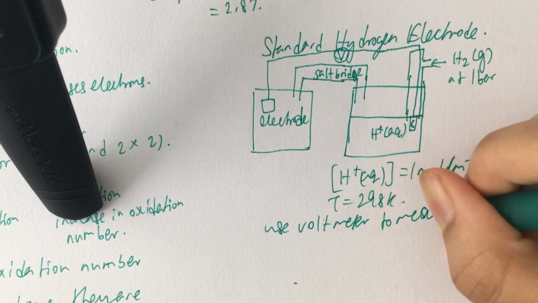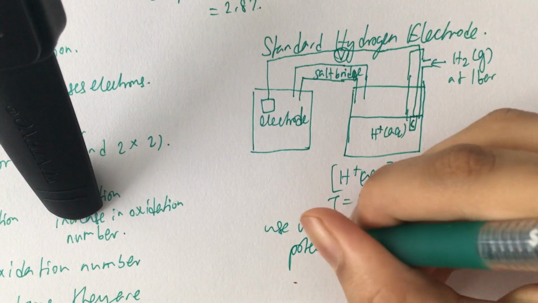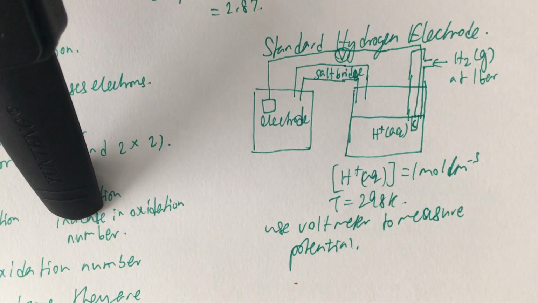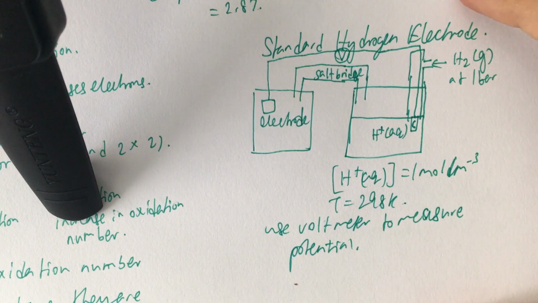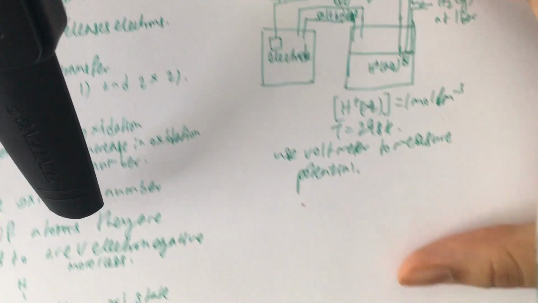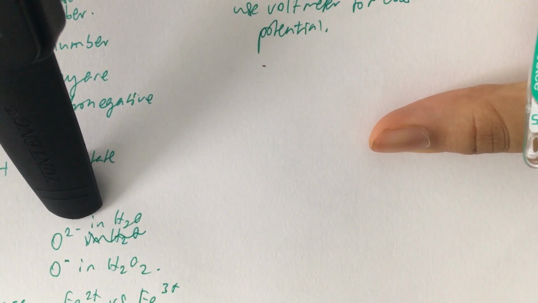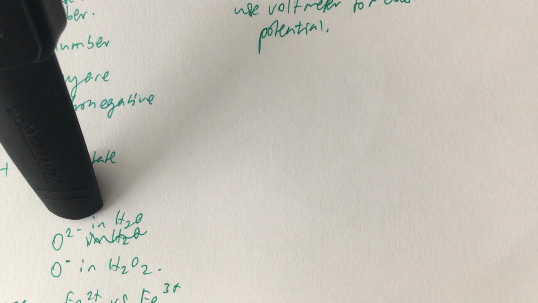Right, so let's look at the methods used to measure the standard electrode potential of metals or non-metals in contact with their ions in aqueous solution, and of ions of the same element in different oxidation states. The first is metals or non-metals in contact with their ions in aqueous solution, for example fluorine and fluoride, or if it's a metal, copper 2 plus.